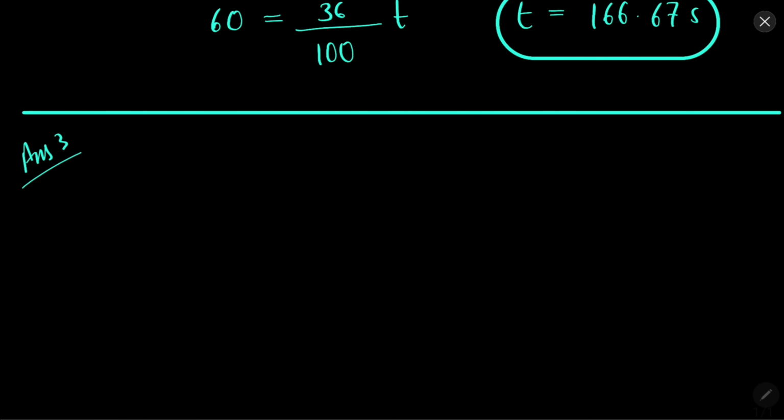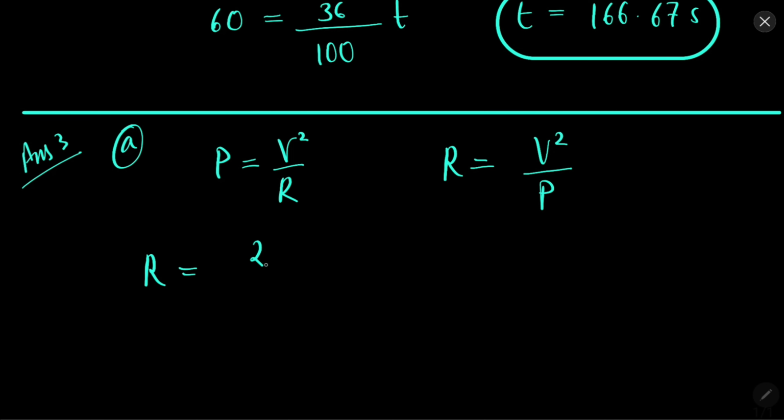So now the third one. First of all, in the first situation, we know P equal to V square over R. So R will be V square over P. So R will be equal to 250 whole square over 500, which will give us 125 ohms.